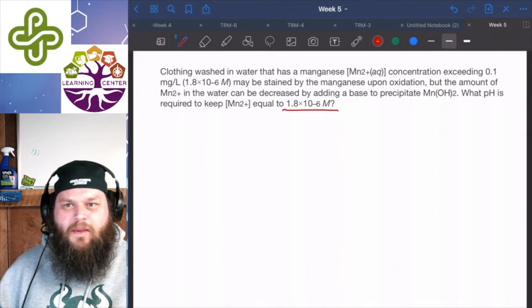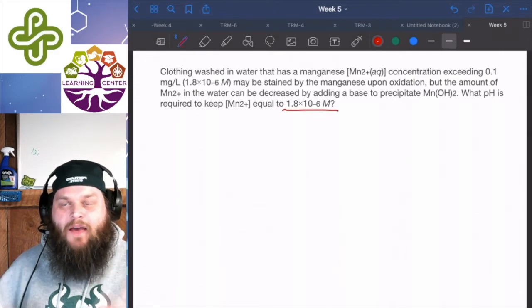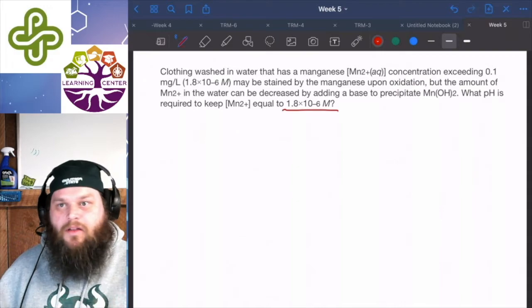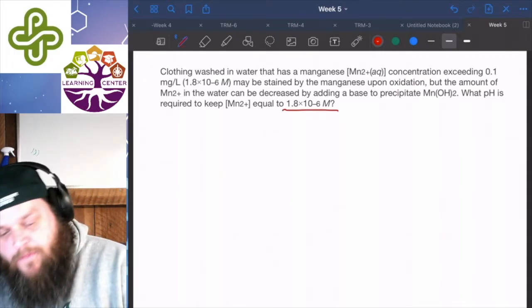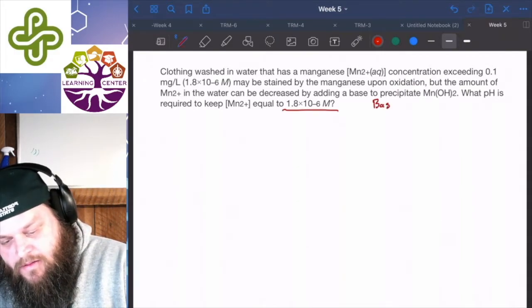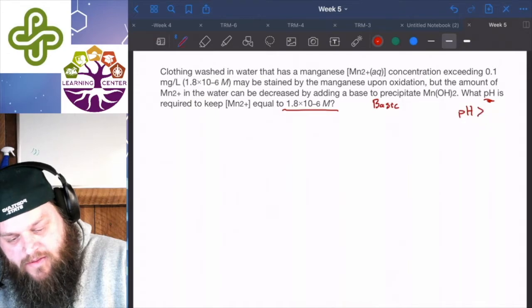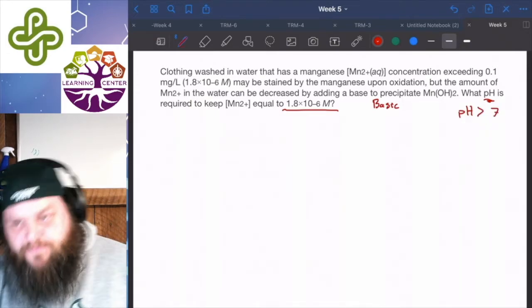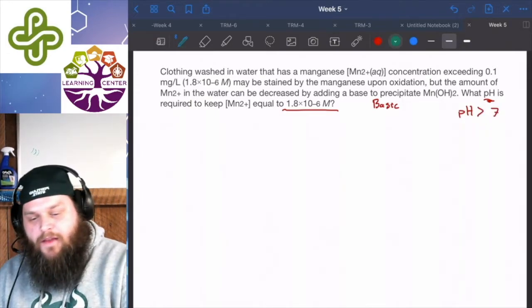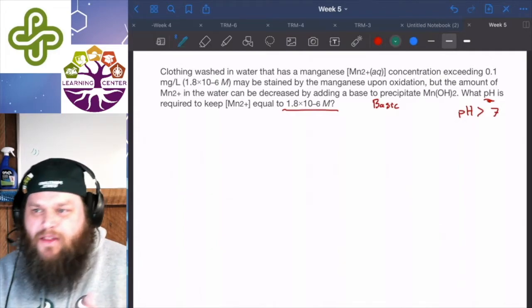So it wouldn't be able to have enough OH to actually bond onto the manganese. So it's going to have to be some sort of basic solution. So we would expect the pH to be greater than 7. I'm just going to keep that in mind. That's my double check to see if I did anything just about right.